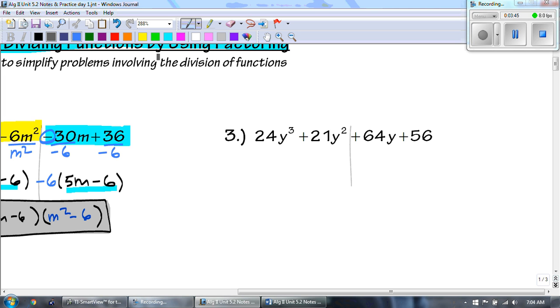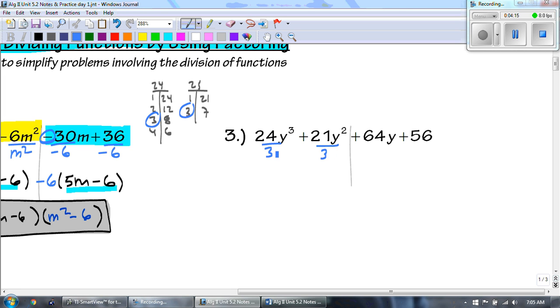And if you don't know 24, which is 1 and 24, 2 and 12, 3 and 8, 4 and 6, and 21, which is 1 and 21, 3 and 7. Okay, if you can't look at those right away and be like, oh, look, it's 3, you need to go off to the side and do this.